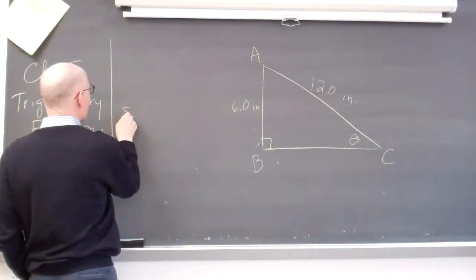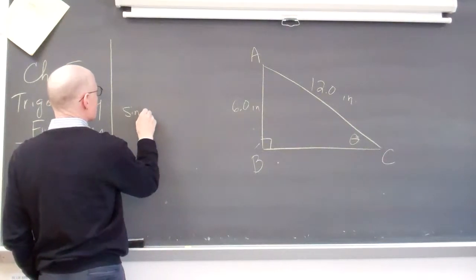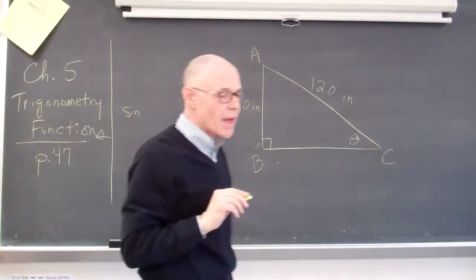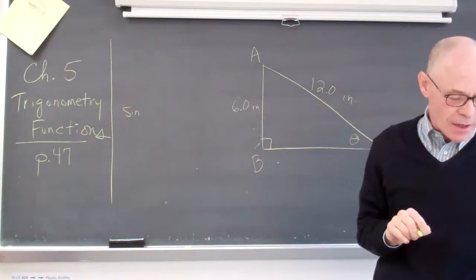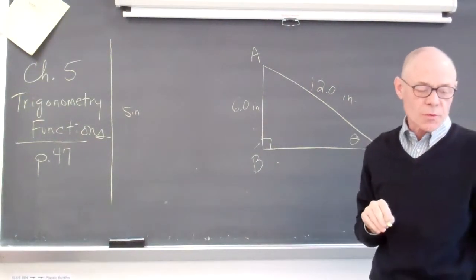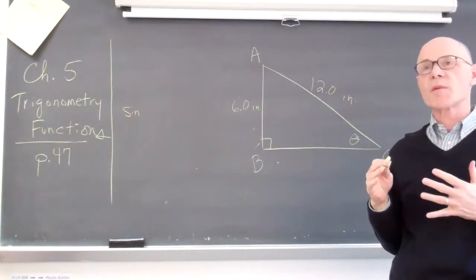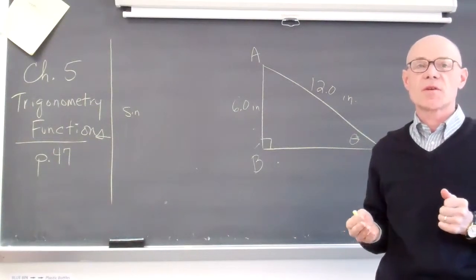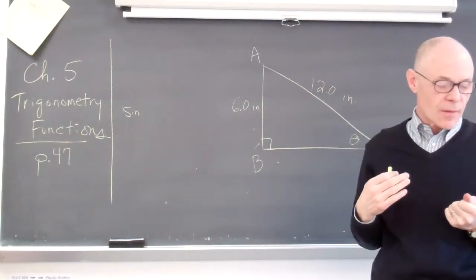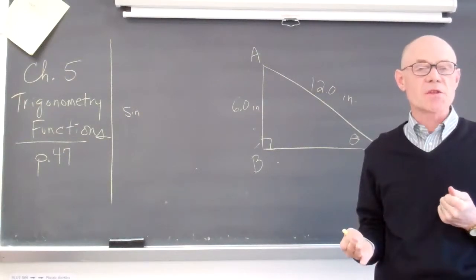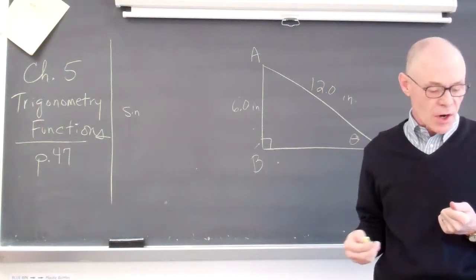The way the sine is defined is the sine of a given interior angle is equal to, so really what we're talking about here is we're comparing the length of sides. Trigonometry is good at comparing the length of sides within a right triangle.